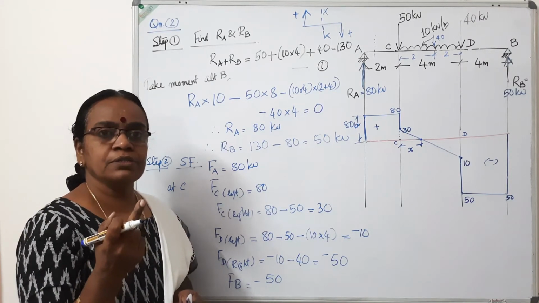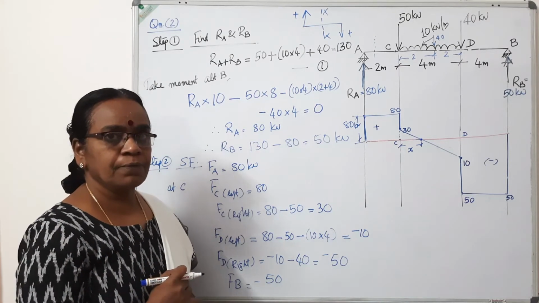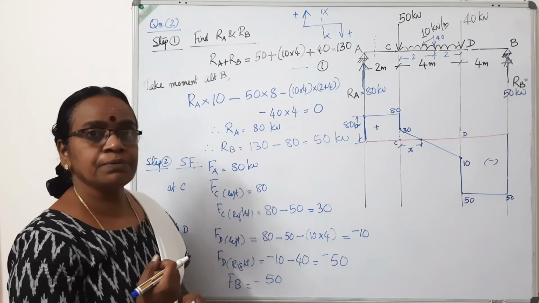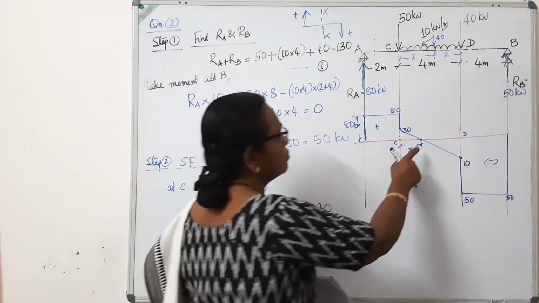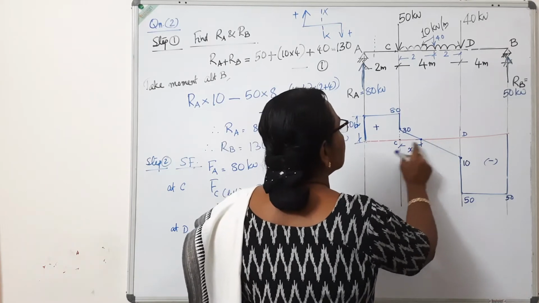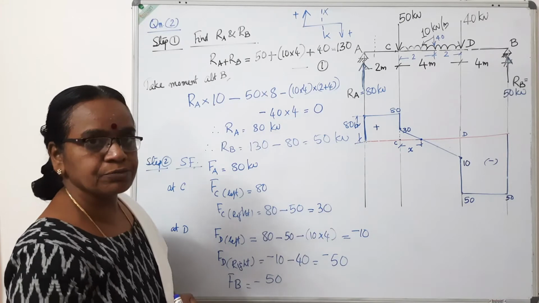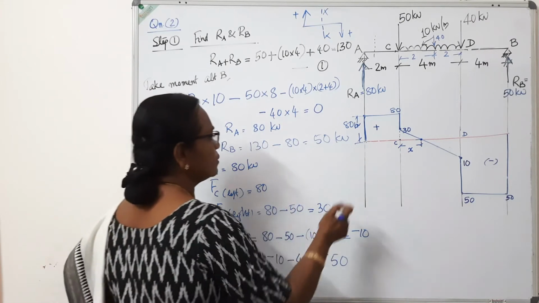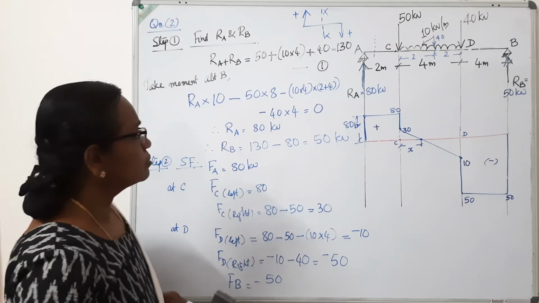At that point, the bending moment is going to be the maximum value. So the point of maximum bending moment is of interest to civil engineers. So on the portion CD, the point where the shear force is 0, we have to locate. Now I will write that to find the location of zero shear force.